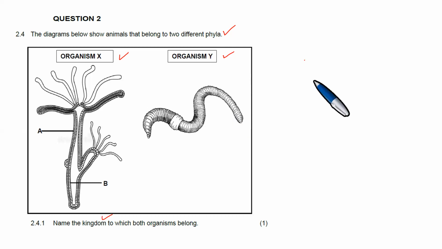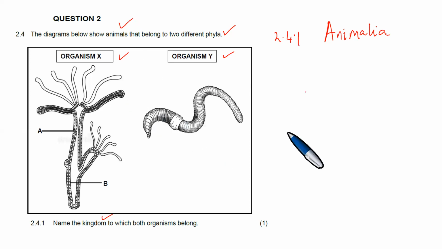We look at the answer to 2.4.1. There is a kingdom we call Animalia, like an animal. Because these are animals, they belong to the Animalia kingdom.